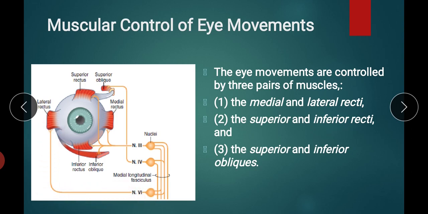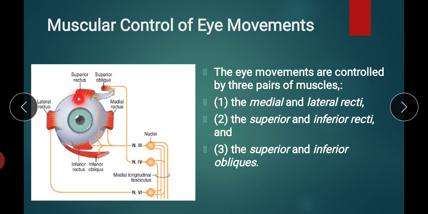Okay. So this is about the extraocular muscles, and all these pairs of muscles are reciprocally innervated. Reciprocal innervation means when one muscle is active or contracted, at the same time the opposite muscle is going to relax. Suppose there is a requirement of adduction of the eyeball, at that time the medial rectus will contract and simultaneously the lateral rectus will relax.